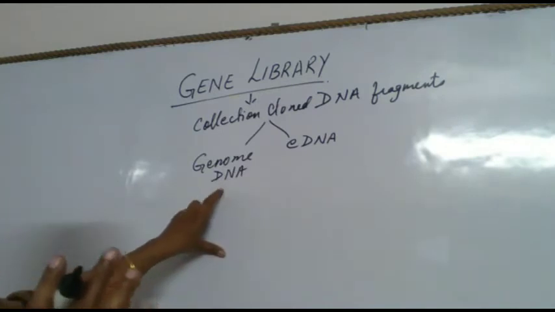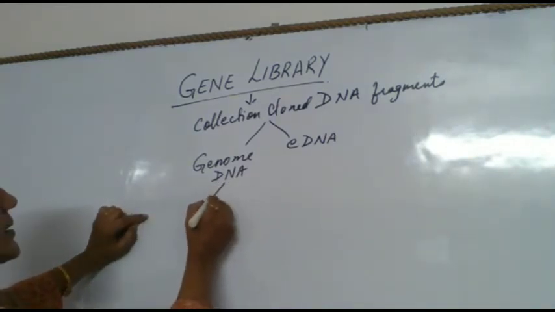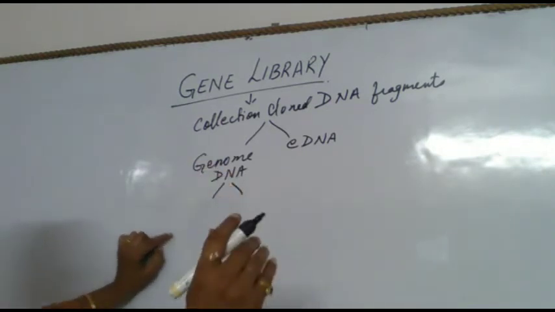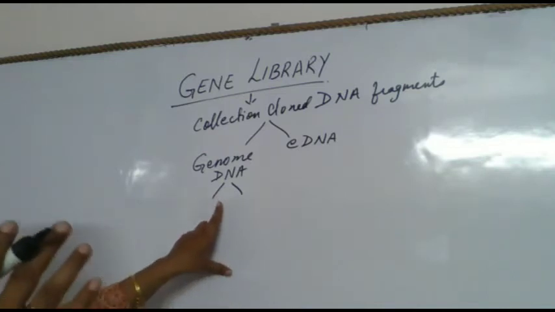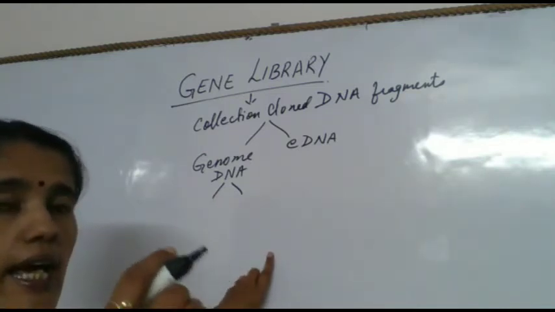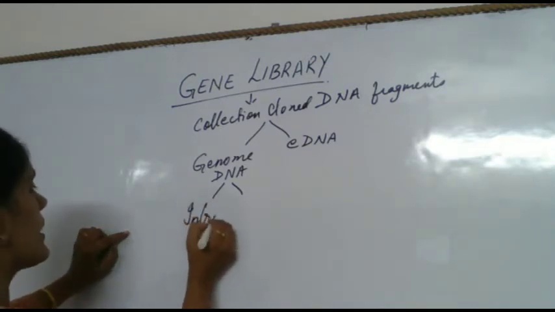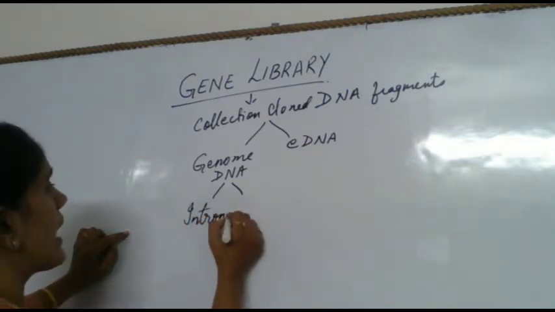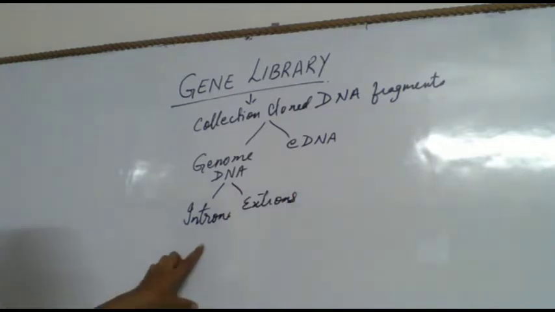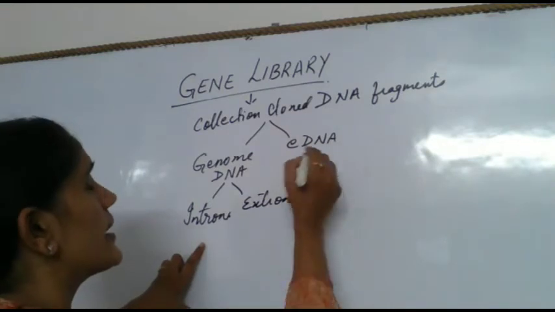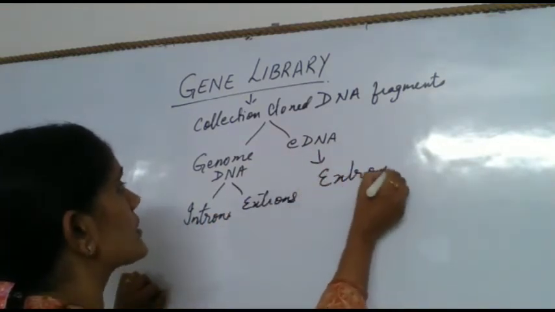Now, if you are talking about genome DNA, it contains both introns and exons, while cDNA only represents exons.